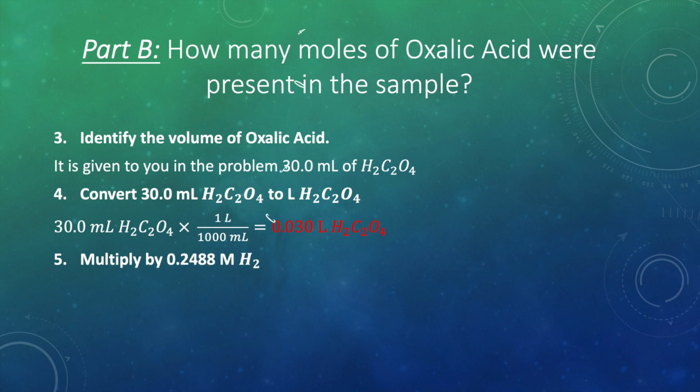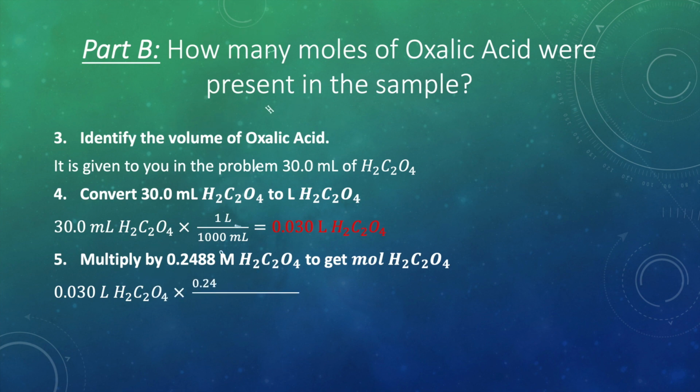Then we multiply that by 0.2488 molarity of oxalic acid to get moles of oxalic acid. So we do 0.030 liters of oxalic acid times 0.2488 moles of oxalic acid divided by 1 liter of oxalic acid, and then we get 0.007464 moles of oxalic acid.